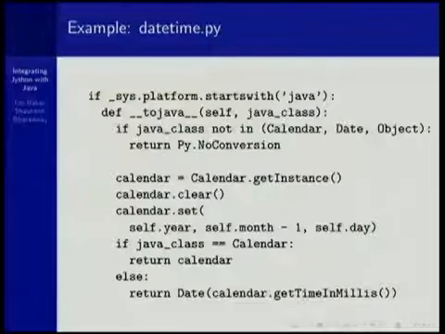Okay. I mentioned toJava here because you may be in an example where you've written some library and you want to have this nice transparency between what's happening on the Python side and on the Java side. An example of this is what was implemented in datetime. And you can see it here. We have toJava as the method that you need to define for this particular type.